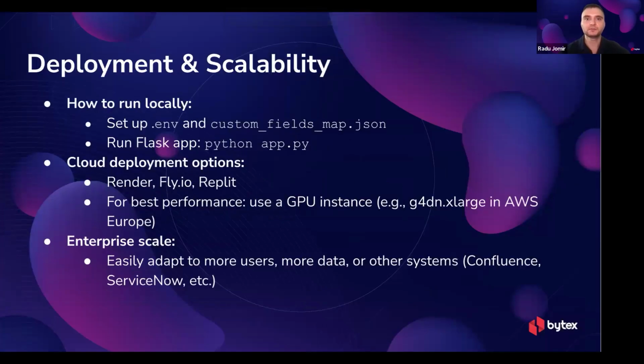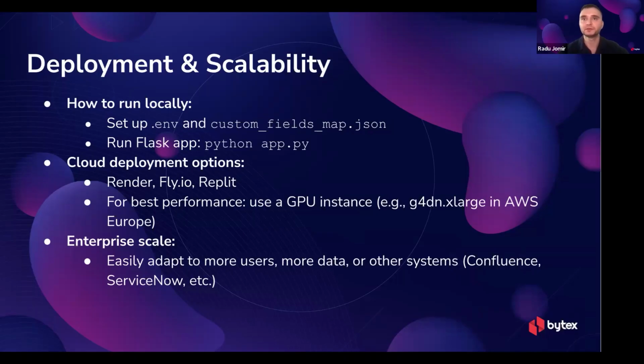Let's discuss now a bit about deployment and scalability. So for local development and testing, it's straightforward. You set up the environment variables and custom fields configuration and just run the Flask application as I showed earlier. And the system automatically downloads the necessary AI models for embeddings. For production deployment, you have several options.